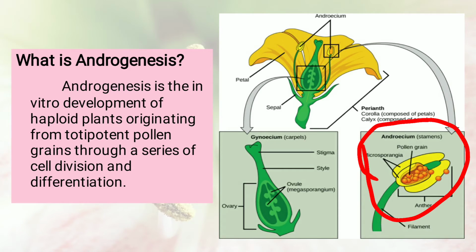This is microsporogenesis, or the pollen grains, and the outer whole structure is called the anther, and the anther is attached to the filament.